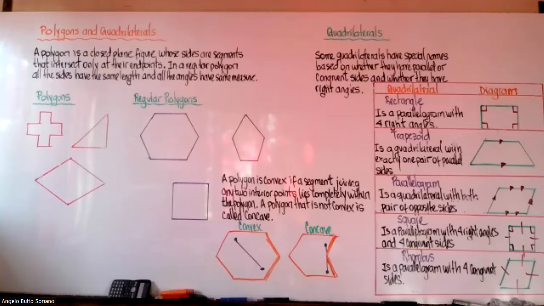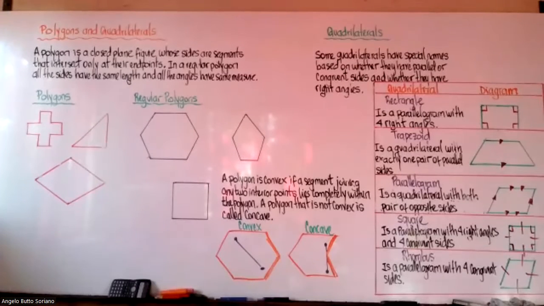But I never said the four sides will be congruent. No, the base will be congruent with the base, and the height will be congruent with the height, but the base and the height will be different.